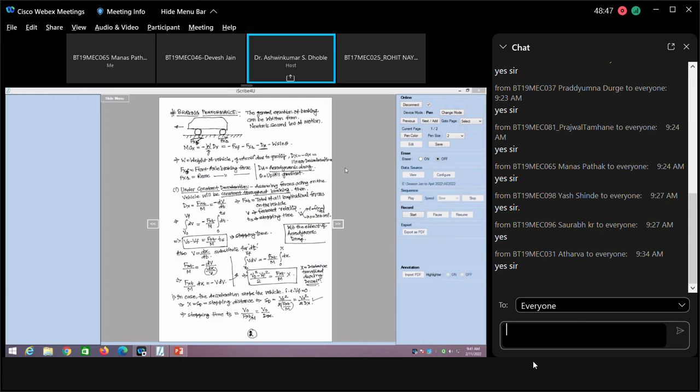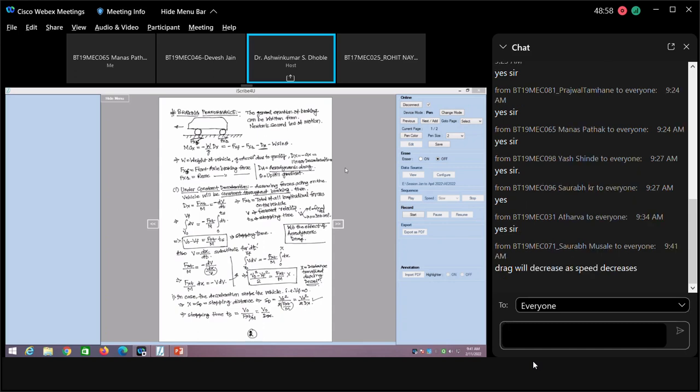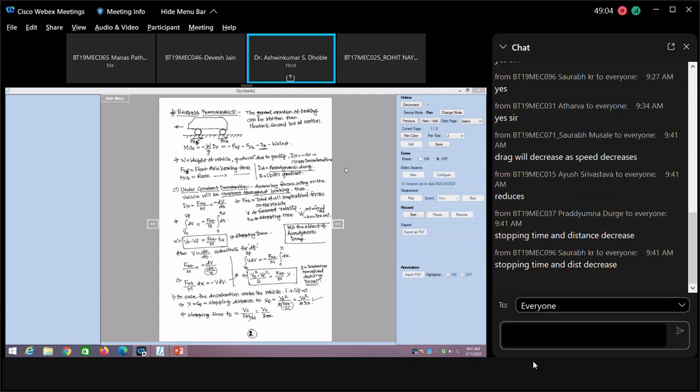Sir, if we consider aerodynamic drag, what will be the difference in stopping distance and stopping time? I am asking you the qualitative difference, considering that the drag will decrease as the speed decreases. Then the stopping time and stopping distance, what is going to happen, whether it is going to increase or whether it is going to decrease?